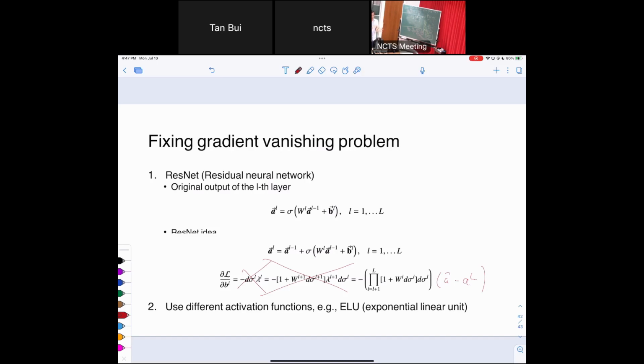ReLU is by far the most popular, but even if this is 0, it doesn't matter, because if you use ResNet, no problem, right? So you either change the activation function or you use ResNet, but there are many other ways to deal with gradient vanishing. There's also the gradient exploding problem as well.